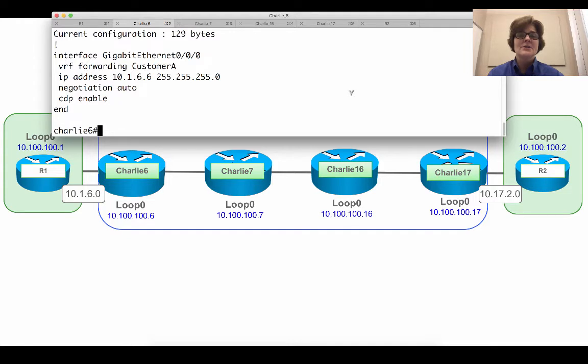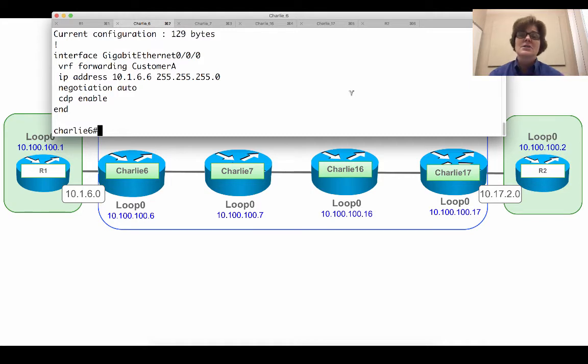All of these IP addresses are, by the way, in the 10 network. The second octet is the router on the left. The third octet is the router on the right. And the fourth octet is the router ID itself. So Charlie6 would have a fourth octet of .6 on all of its physical interfaces. What you can see here is that we have VRF'd this physical interface out.